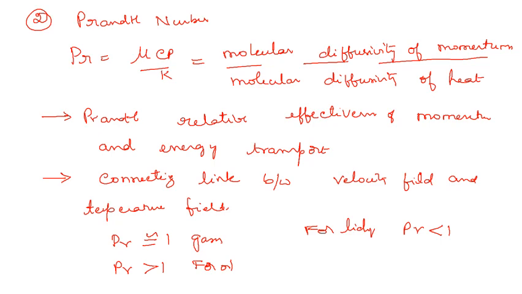The next number to be studied is the Nusselt number. The third number is the Nusselt number, given by the notation Nu. It is the ratio of heat flow rate by convection under a unit temperature gradient to the heat flow rate by conduction under a unit temperature gradient through a stationary thickness of L meter.